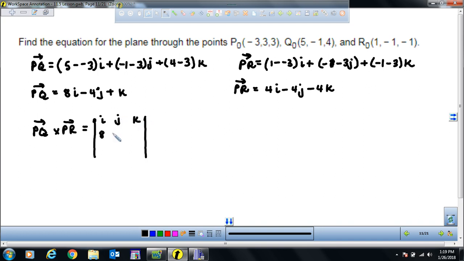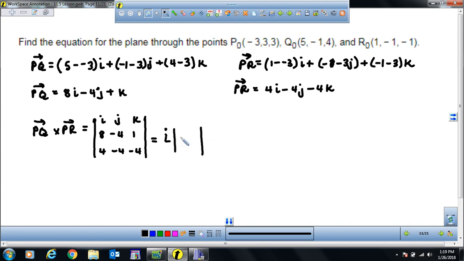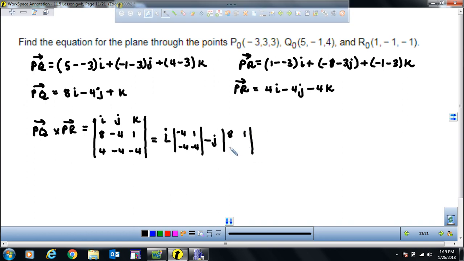So PQ is 8, minus 4 and 1, and PR is 4, minus 4 and minus 4. So for the i component, we're going to have i times the determinant of negative 4, 1, negative 4, negative 4, minus j times the determinant of 8, 1, 4, and negative 4, and then plus k times the determinant of 8, negative 4, 4, and negative 4.